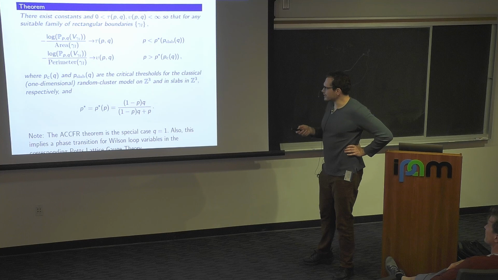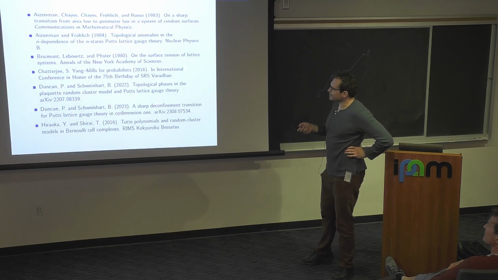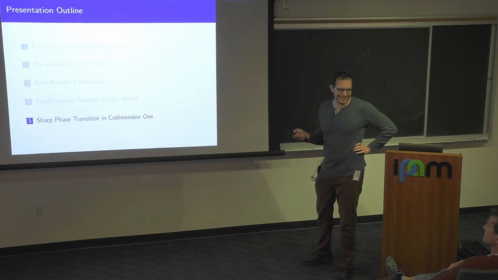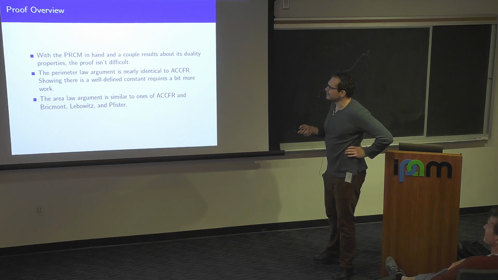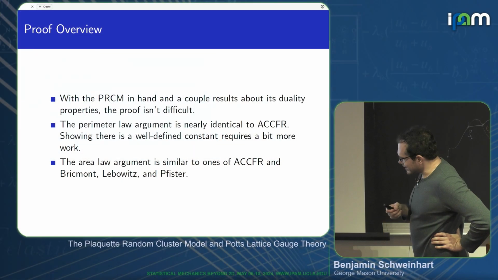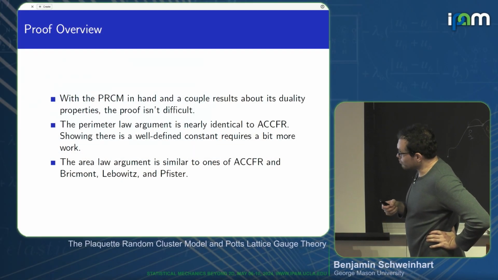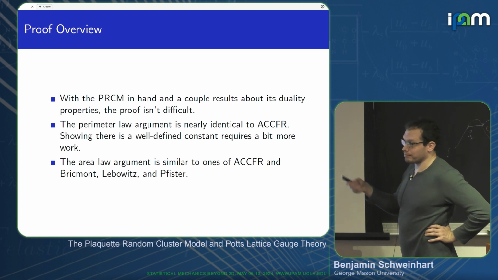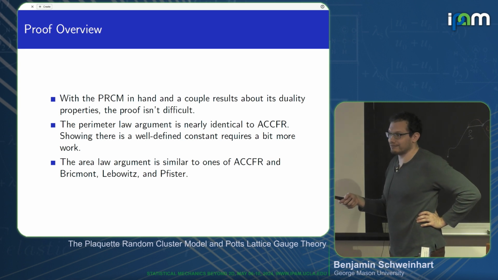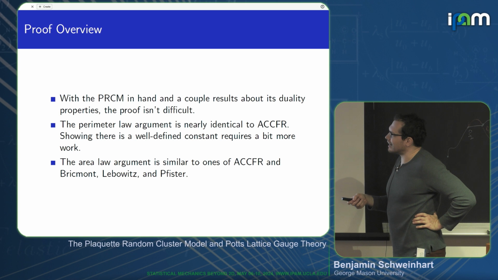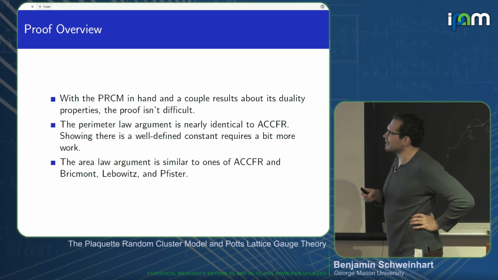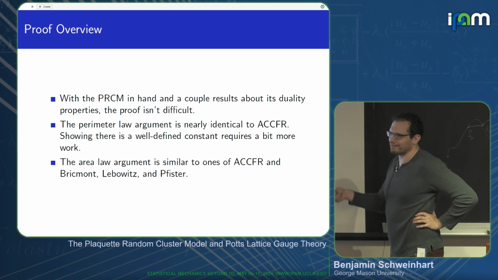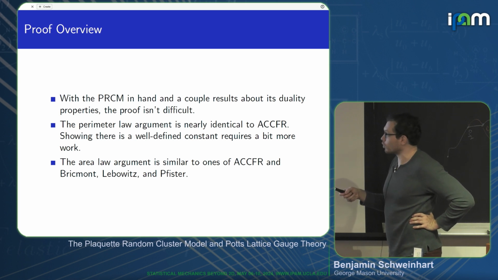All right. So I'll say a few words about the proof. There are some references. The proof of this deconfinement transition is, once we have the plaquette random cluster model and the correct definition of V gamma in hand, and a little bit more about the duality properties, not that difficult, and we can modify existing techniques to make it work.